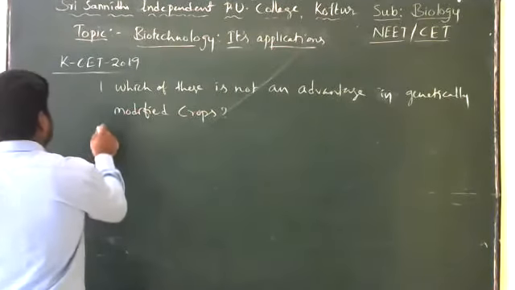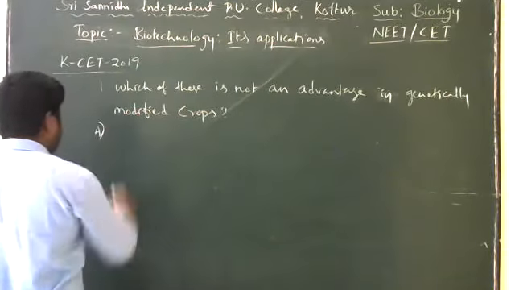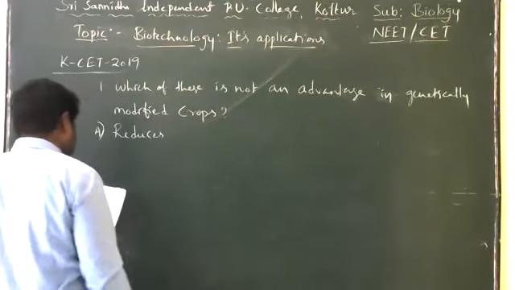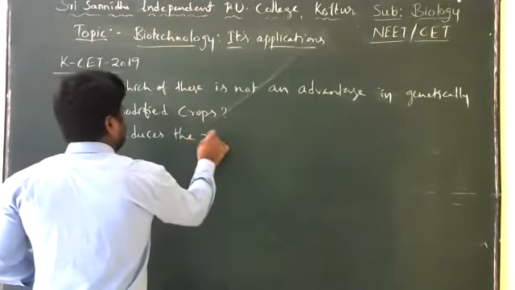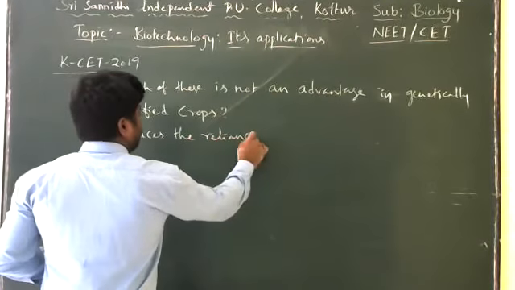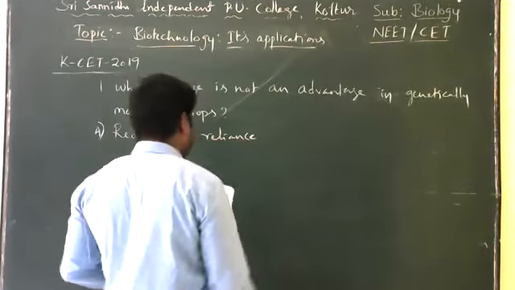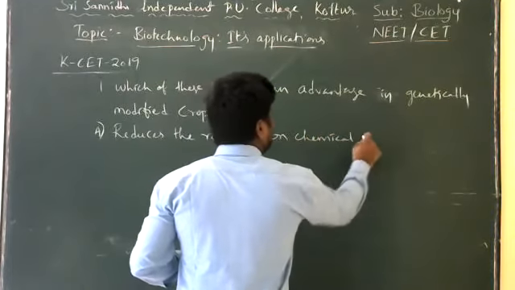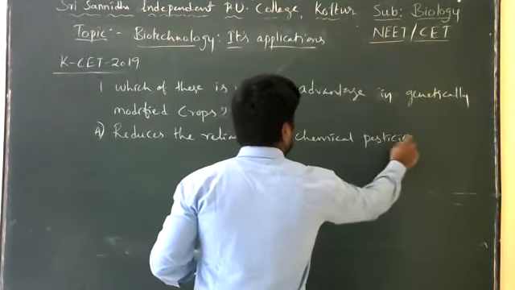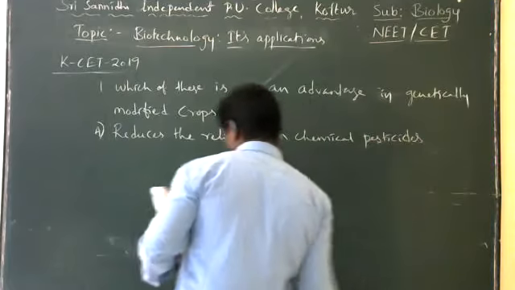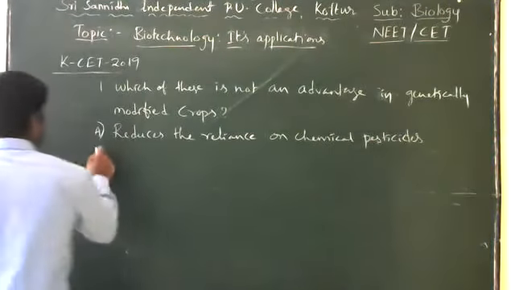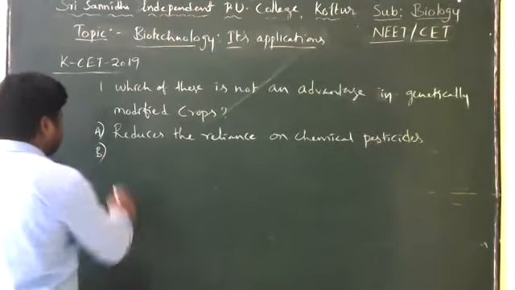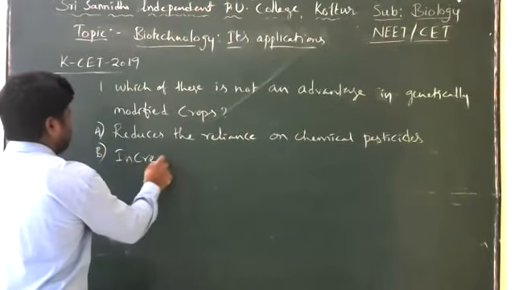So the given options: A, reduces the reliance on chemical pesticides. Next, B, increases the post-harvest losses.